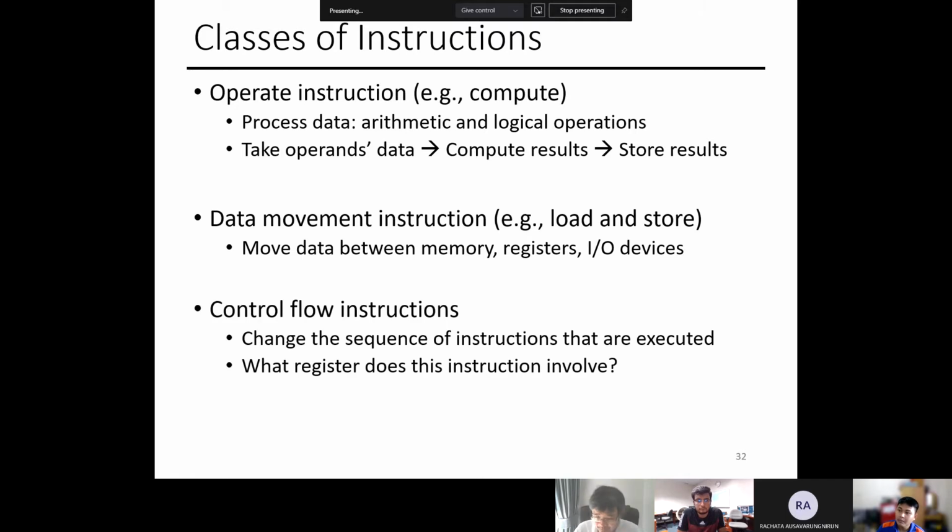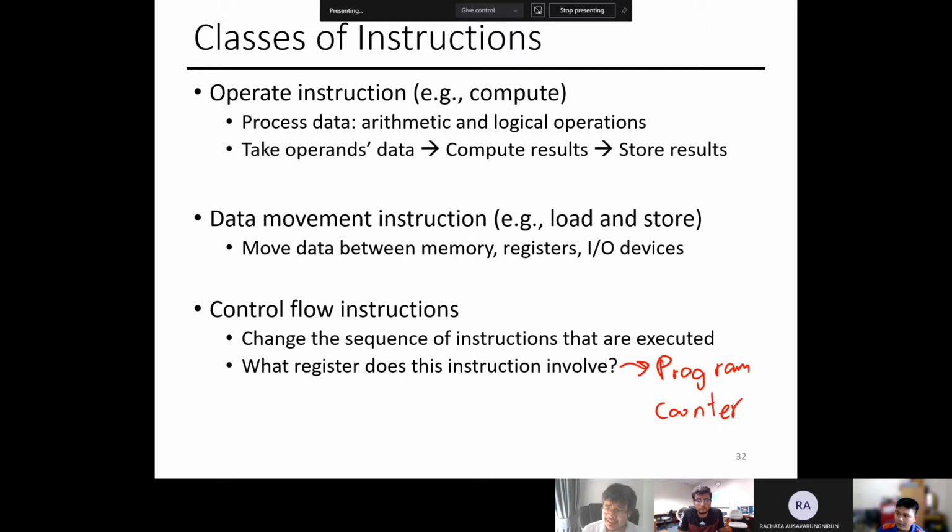The last class is called control flow instruction. What it does is change the sequence of how you run the instructions. What are these? If else. When you have if else or a for loop, you jump between your code, right? So the register involved in this is only the program counter. We will talk about the program counter in the second half of today's class, what it does and how you process the instruction.